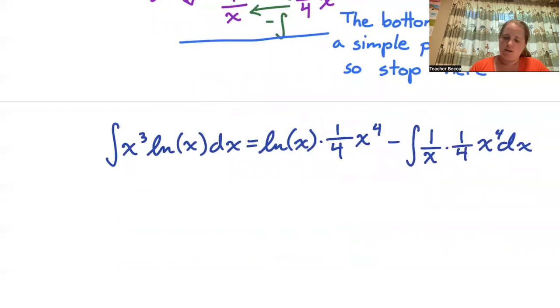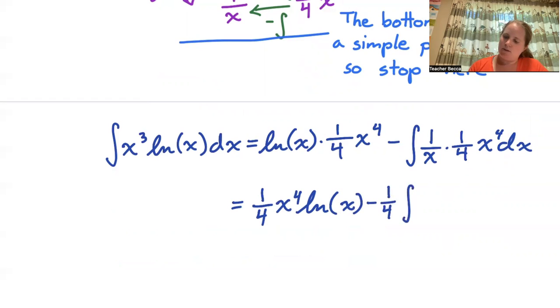So of course we are looking at 1/4 x to the 4th times the natural log of x, minus 1/4 times the integral of x cubed dx.